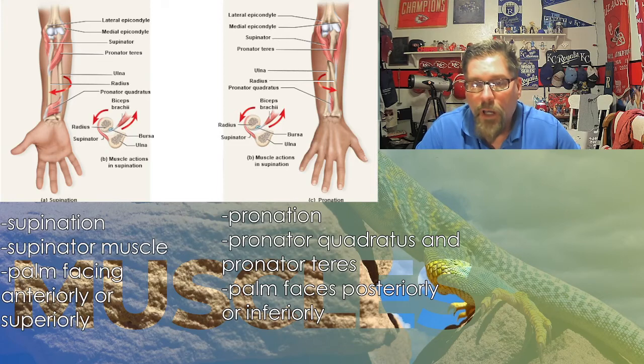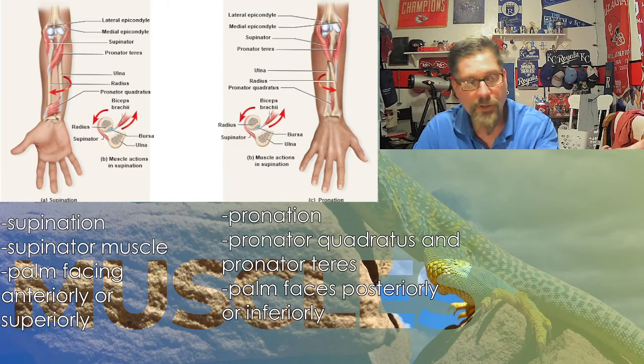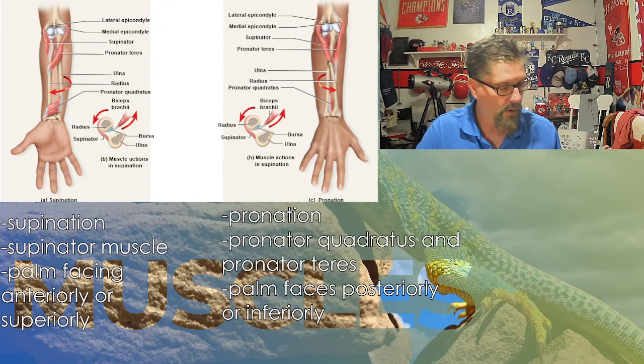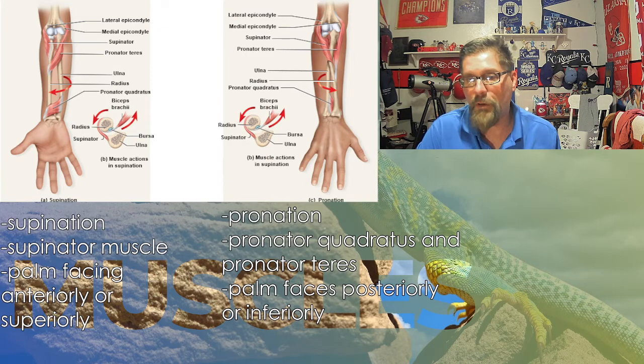Okay, here's the action one that I meant, and you can see the descriptions underneath. Supination is when the palm is up, and if it's hanging down, it naturally would face forward, and so that's the anterior, forward.